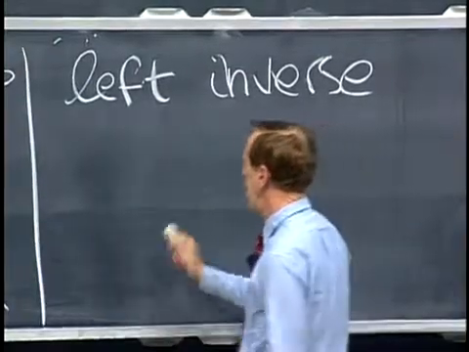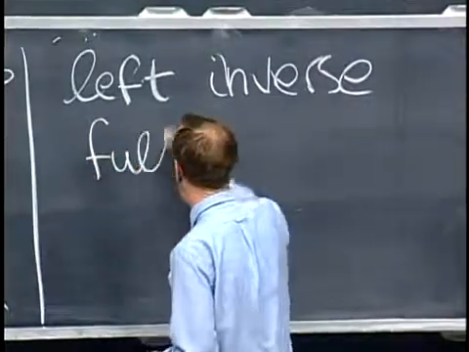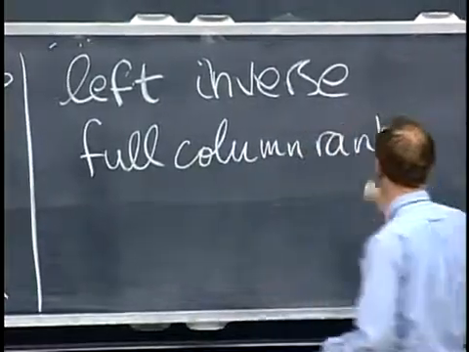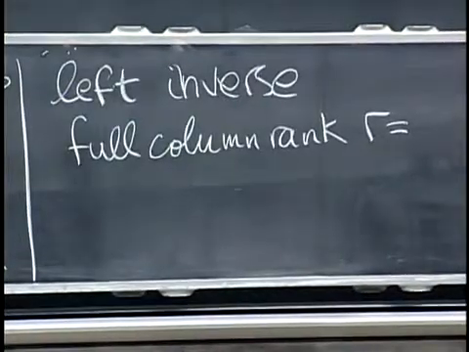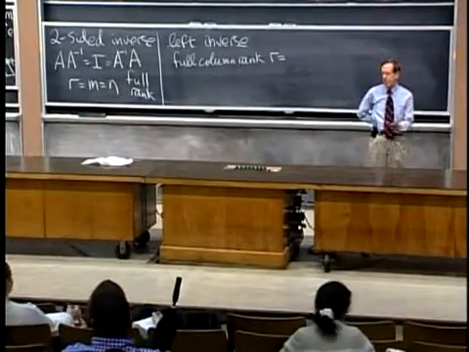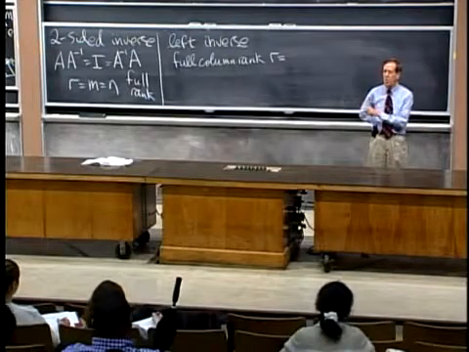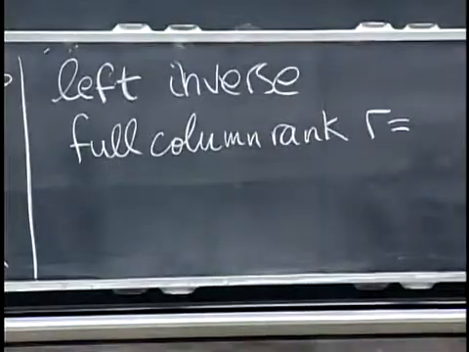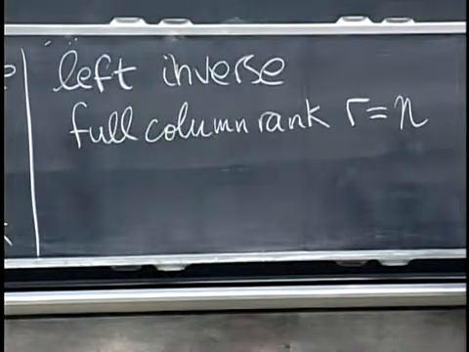So what does that mean about r? If we have full column rank, the columns are independent, but maybe not the rows. So what is r equal to in this case? n, thanks. r equals n. The n columns are independent, but probably we have more rows.